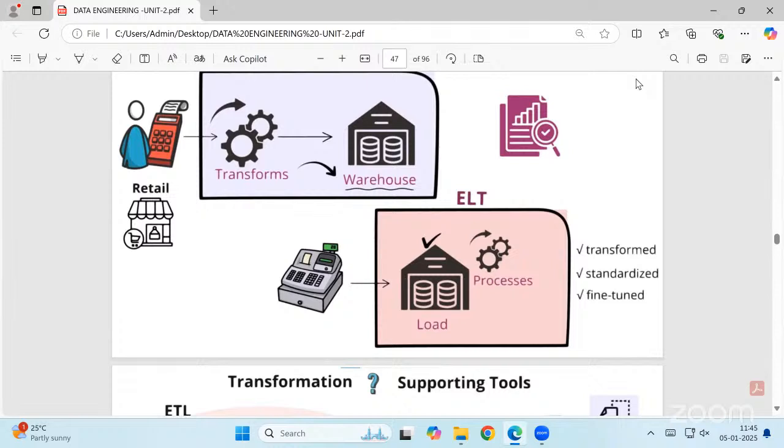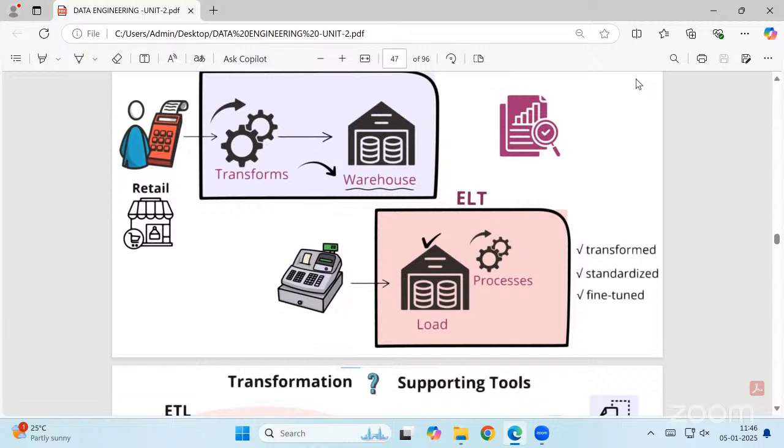Okay, extract, load, and transform. This format is used by data science people. This format is used by the traditional database approach. Because data science people require data in different formats. But if you convert into one format and store it in the data warehouse, that is not what data science people need.